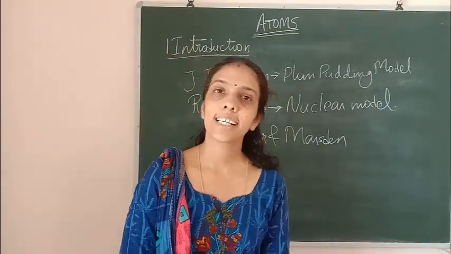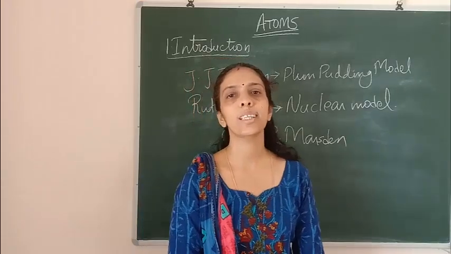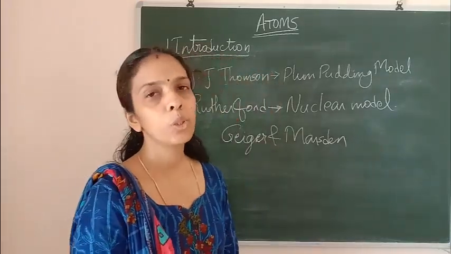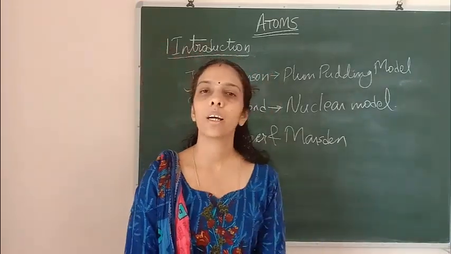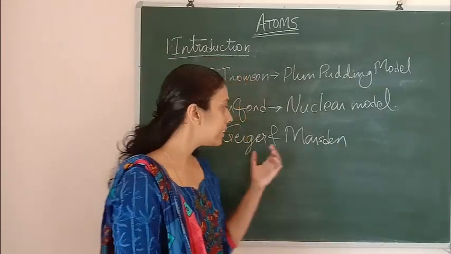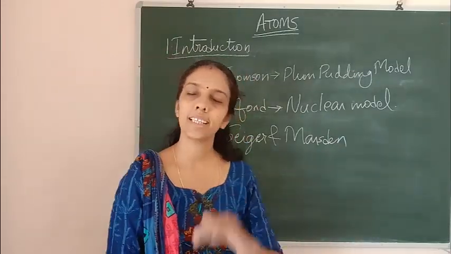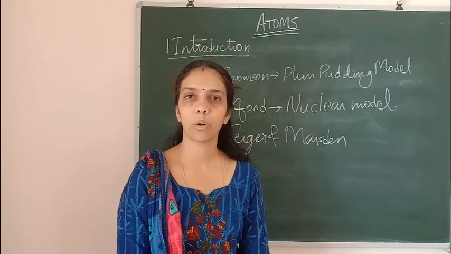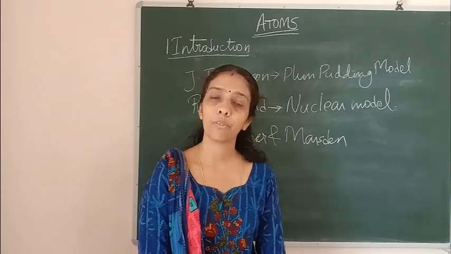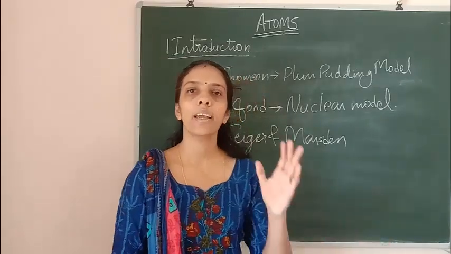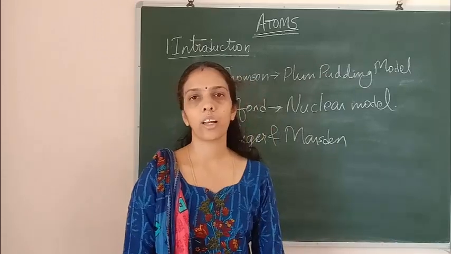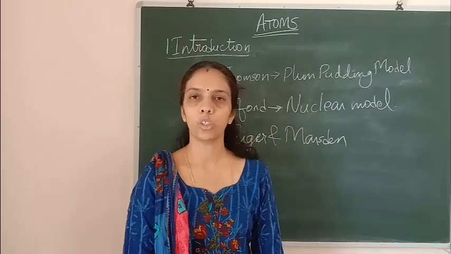Through that experiment, Rutherford explained his nuclear model. So first we are going to study the Geiger-Marsden experiment, and then we will study how, from the experiment, we can explain the nuclear model of the atom given by Rutherford.